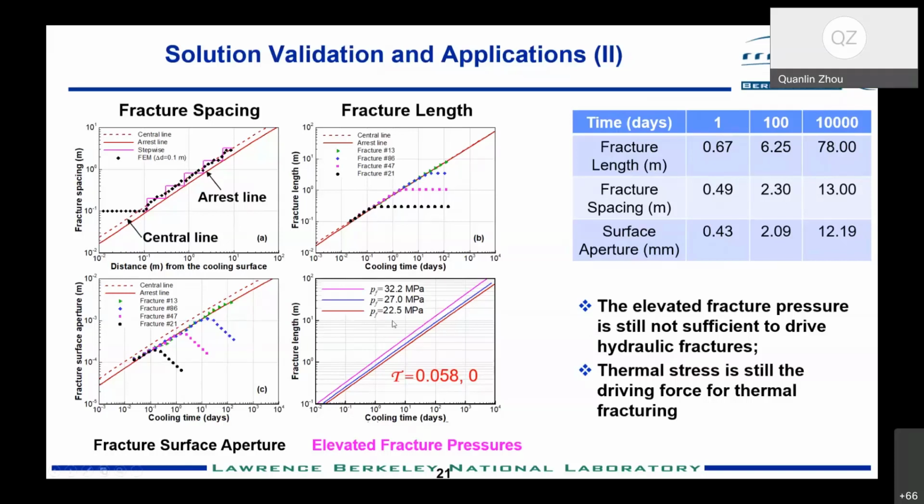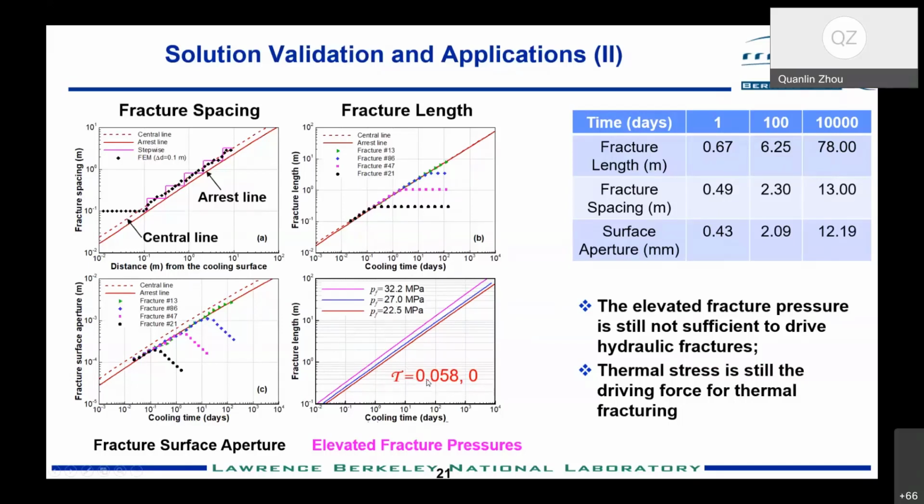But sometimes, when you have the water circulation, the pressure is increased in the hydraulic fractures. So that means increased from the in situ pressure to the increased pressure, and then we also calculate the t.